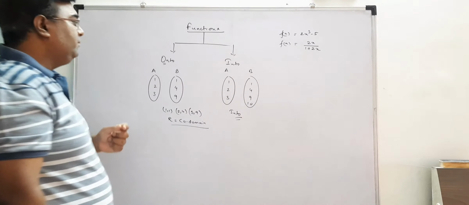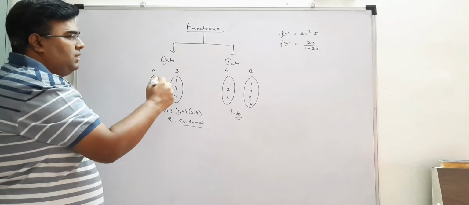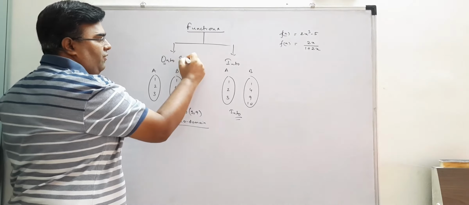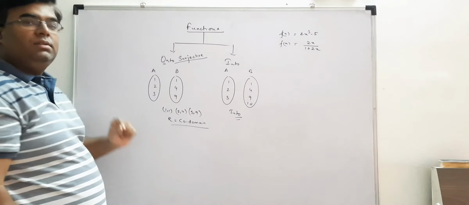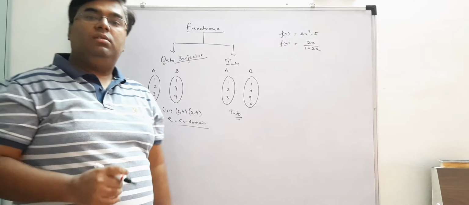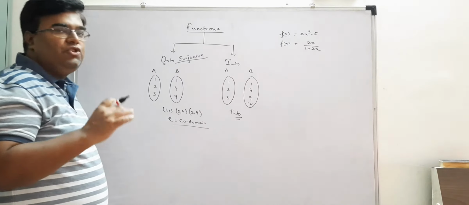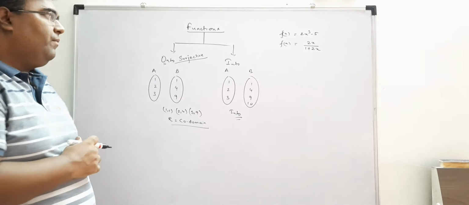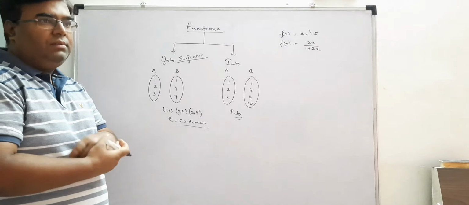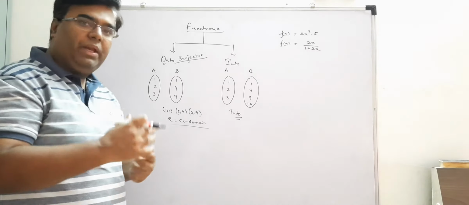Right? Now onto is also known as surjective function. Remember the 1 1 function? The 1 1 function was known as injective. This onto function is known as surjective. Now a function can have 4 combinations.